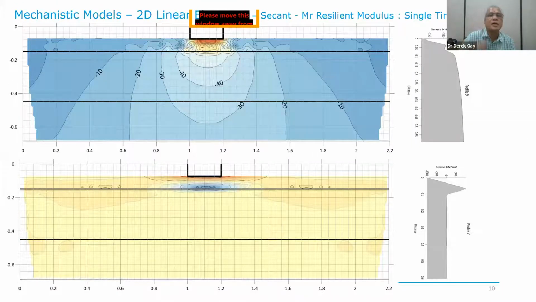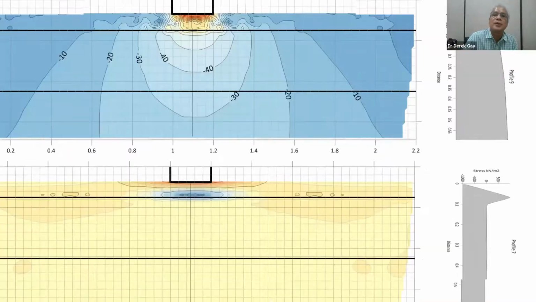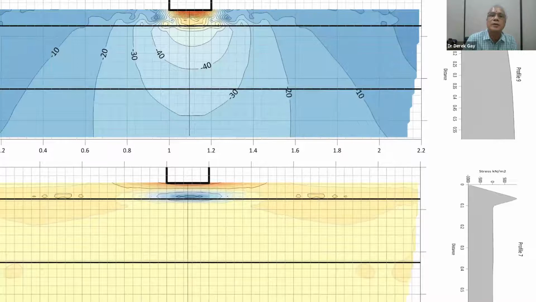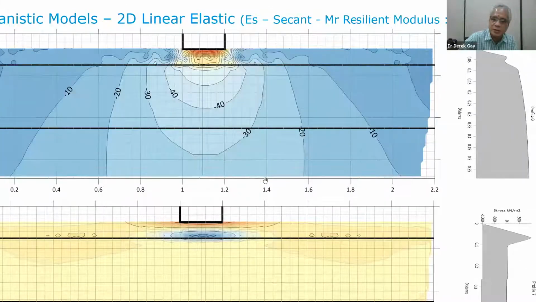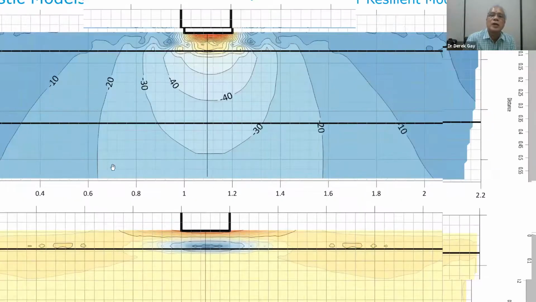This model is a single wheel load, and these are the stresses here. This stress here is 200 kPa, and you can see 200 kPa all the way to 60 or 80 kPa is strictly within the pavement itself. You can see there, right?